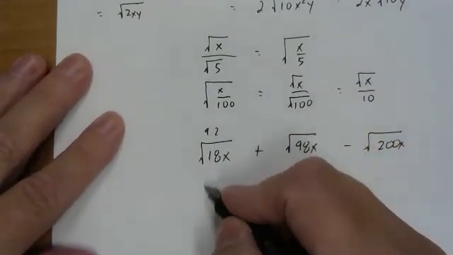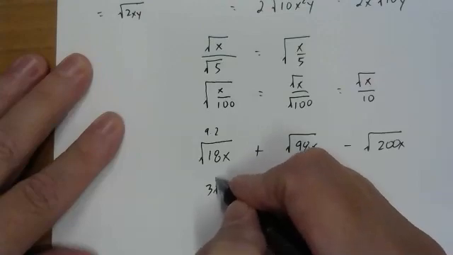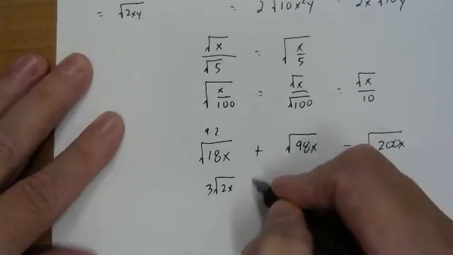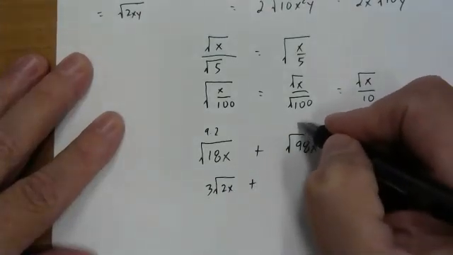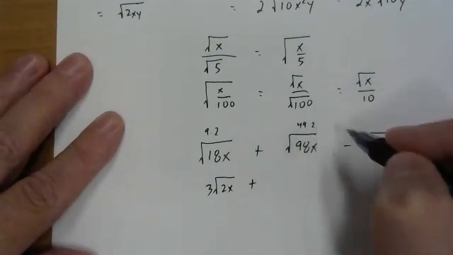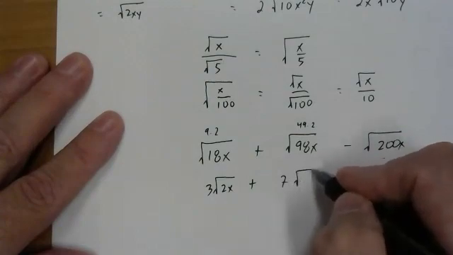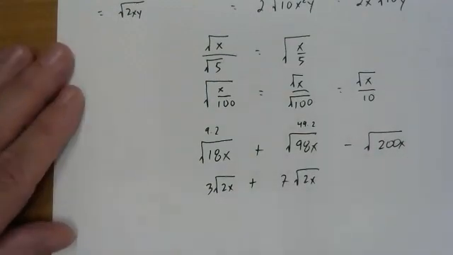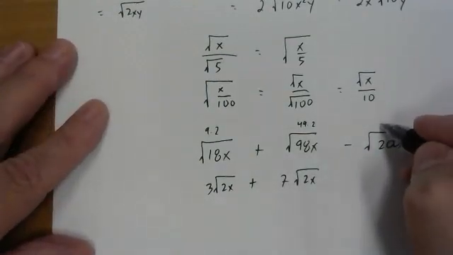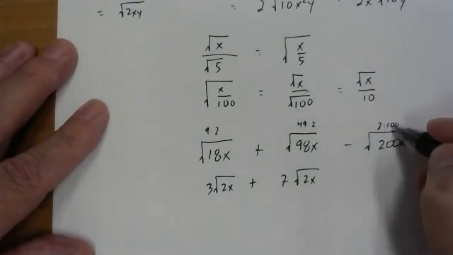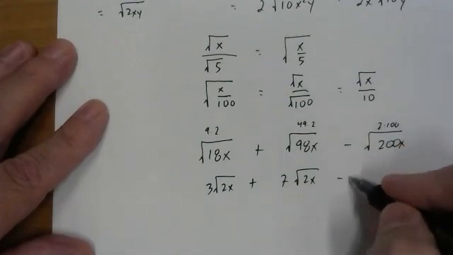So square root of 18x becomes 3 square root of 2x. 98 is 49 times 2. Square root of 49 is 7. 200 is 2 times 100, so 100 comes out as a 10.